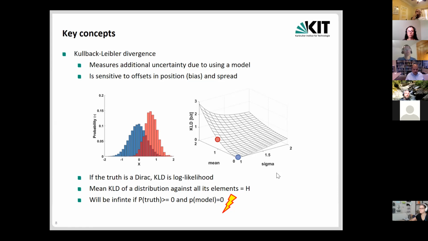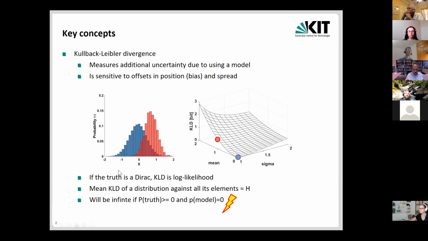But what you can see is that if you can somehow compensate an offset in the mean by increasing your model uncertainty, this will lead to lower Kullback-Leibler divergence than if you have a narrow predictive model and it's off. So if you're off, you better be vague in your answers. That's the interpretation.